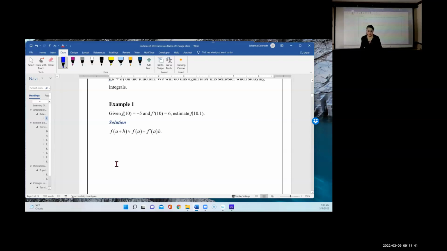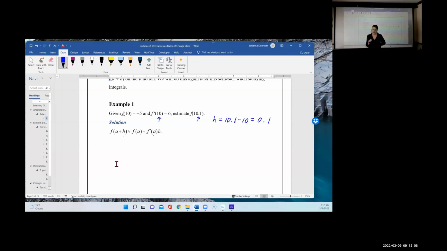So our formula, again, is that f of a plus h is approximately equal to f of a plus the derivative at a times the small distance you move over. Right here, this is at 10. This is at 10.1. So our h value is 10.1 minus 10, which is 0.1. That's what we mean by a small amount.